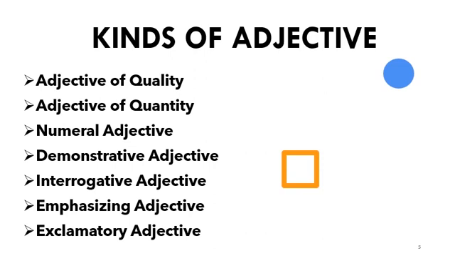And the third one is distributive numeral adjectives. They refer to each one of the number, like each boy must take his turn, neither accusation is true.